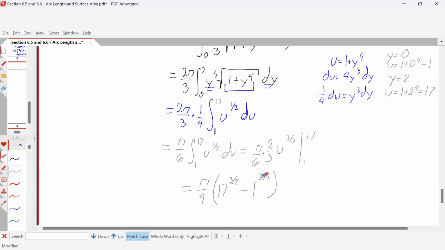But 1 to the 3/2 is just 1, so we can get rid of that exponent. And there is the answer to our area of the surface when we revolve our function y equals 3x to the 1/3 about the y-axis.